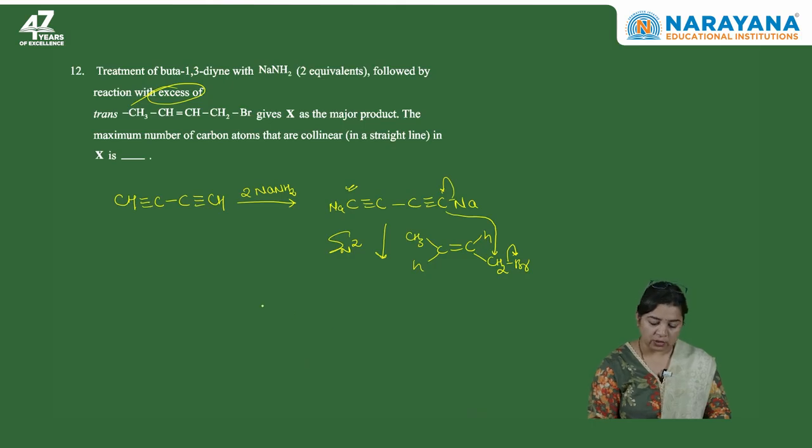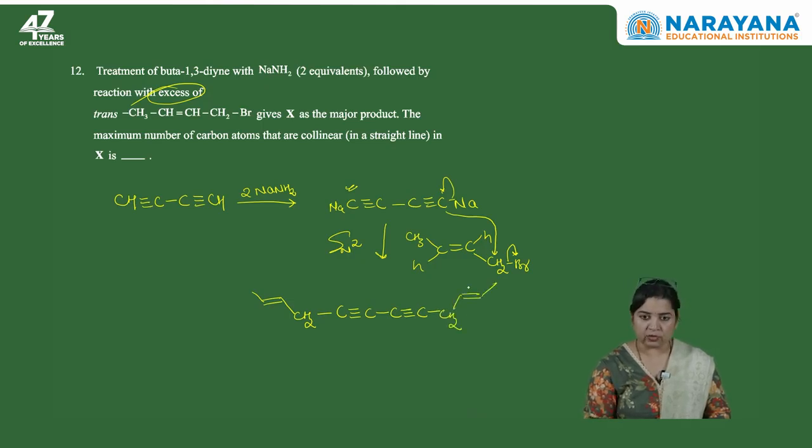So let us draw the possible structure of X. This is our trans 2-butene CH2. Now it is connected to the 1,3-butadiene portion. Correct? So this is our structure of X. Now with reference to this X, what is the question?